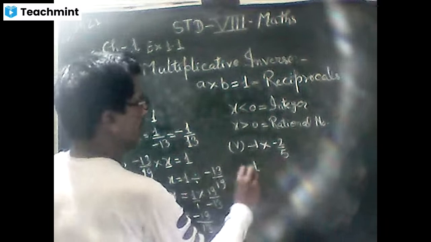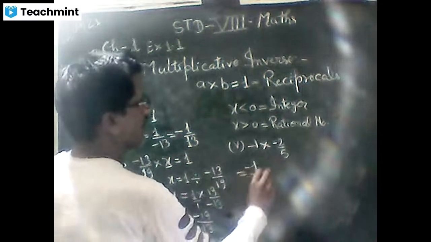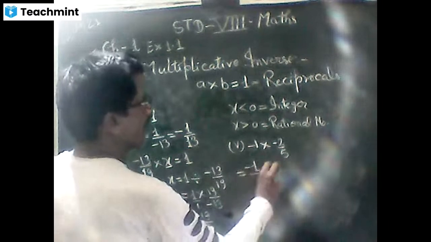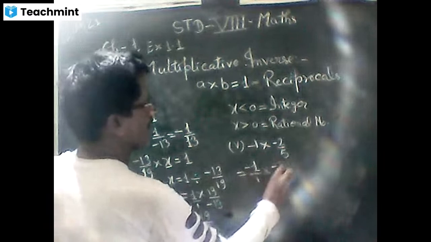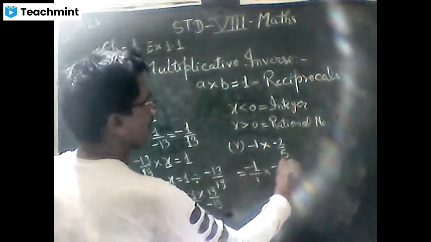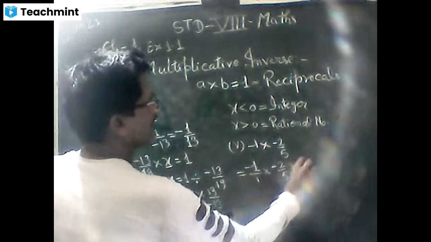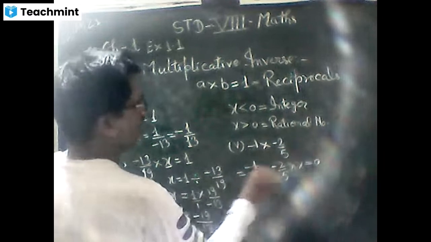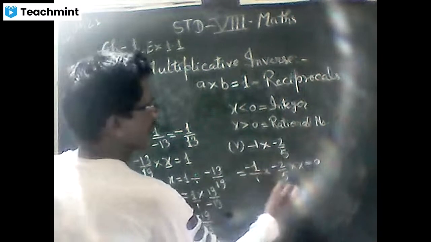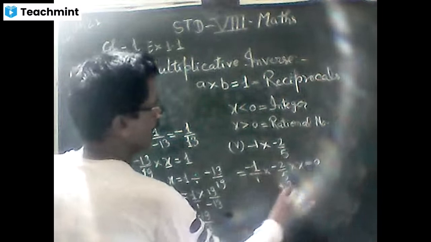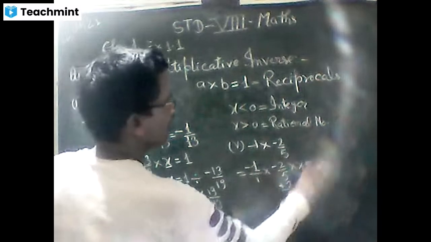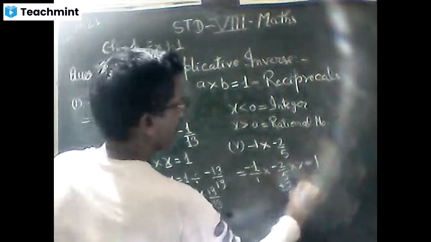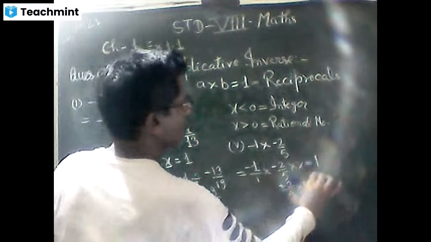Now we write minus 1 by 1 multiply minus 2 by 5, and if we solve this, minus and minus becomes plus, 2 1 ja 2 and 5, multiply x equal to 1.